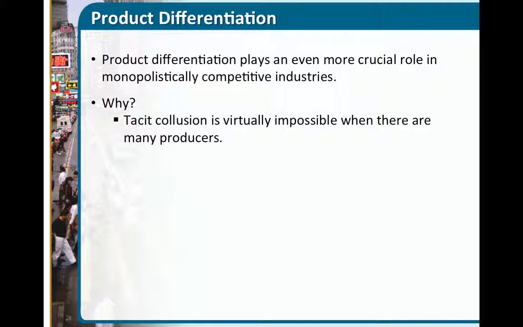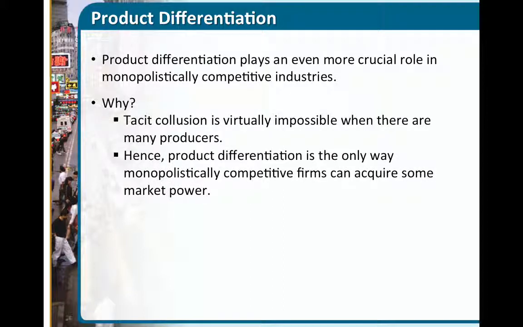It's virtually impossible. There are probably dozens of gas stations in Northwest Indiana, and for all of them to agree to set a high price, and none of them to break this cartel or collusion, would be impossible. It just wouldn't happen. Anyway, product differentiation is the only way for these firms in a monopolistically competitive market to have some market power.